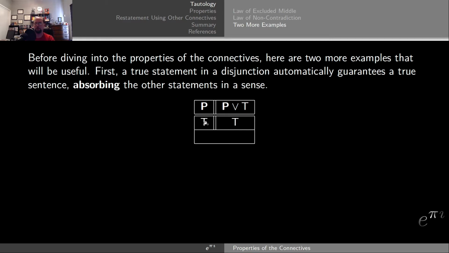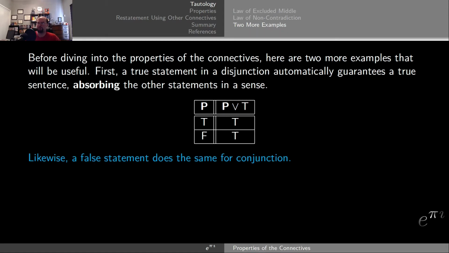If that happens, well, if P is true, true disjunction with true is true. On the other hand, if P happens to be false, false disjunction with true is also true, giving me a tautology. Notice that the trueness of P becomes irrelevant if I know that something else in the disjunction is true automatically. Consequently, one trueness absorbs all others in a disjunction.